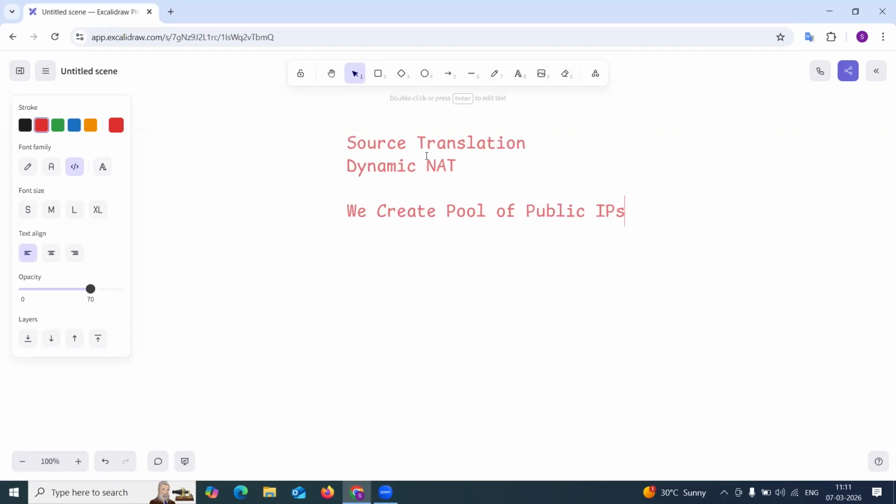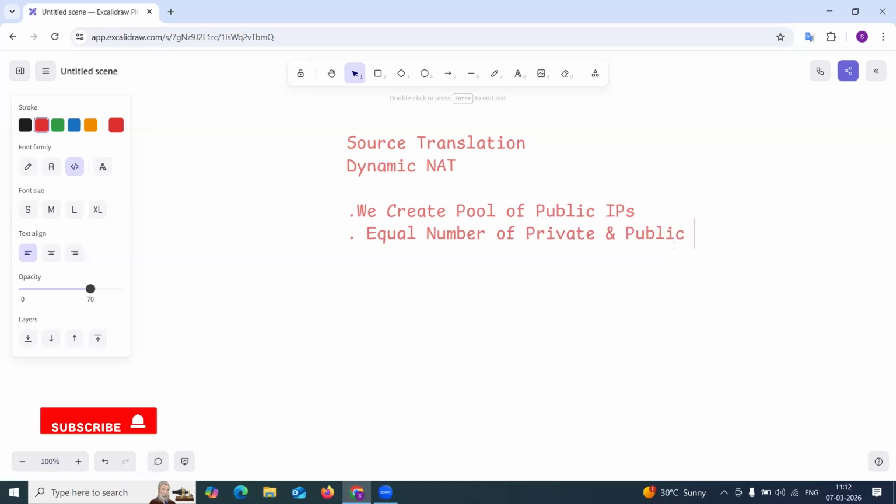Correct answer. Right. Other point: an equal number of private and public IPs required.